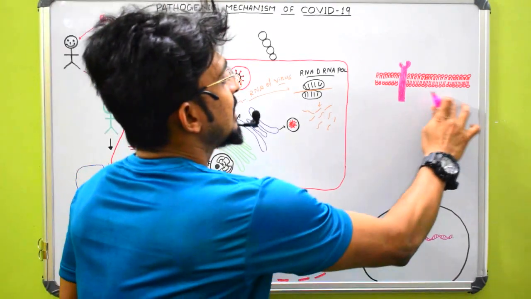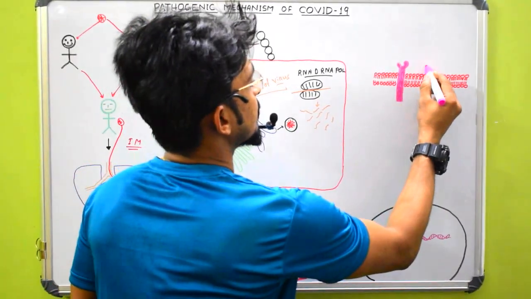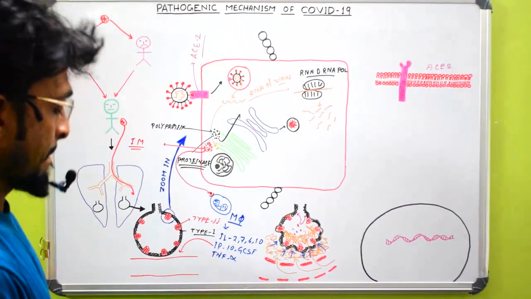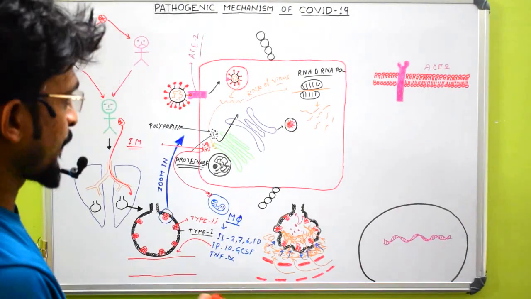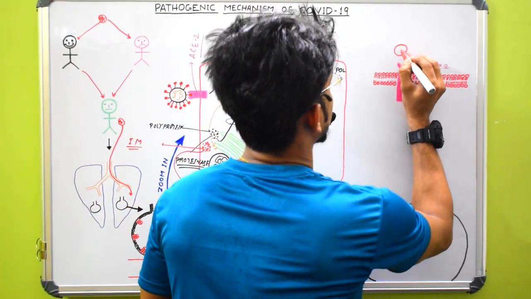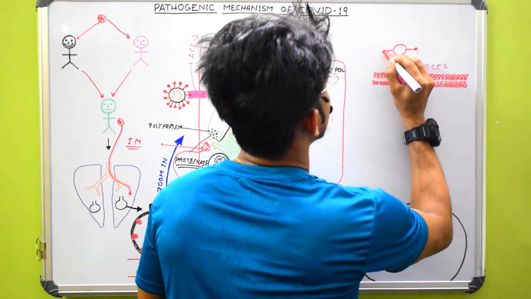So let's say this is the type 2 pneumocyte cell and this is the ACE2 receptor, and this is the virus.